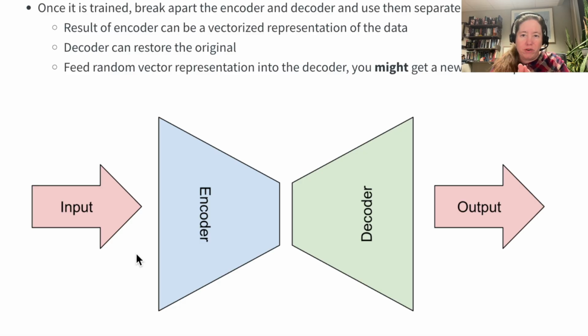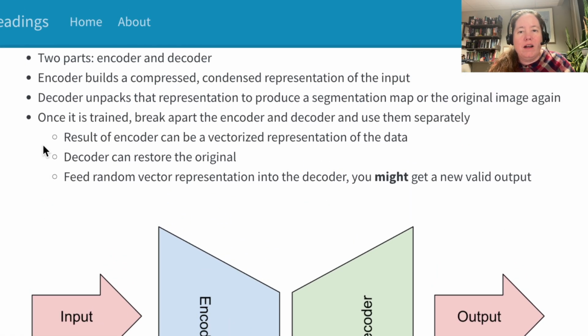The decoder then is trained to unpack that representation and produce some kind of output. So it's taking that condensed representation that we've generated and unpacking it back out into something that might be large. This could be used for image segmentation. It can also be used for generating the original image again, which might seem like a strange task.